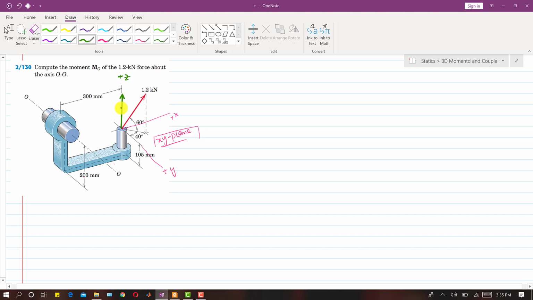And the magnitude of this component will be 1.2 sine of 60 degrees, right? If you look into this diagram, this component and this component are the same. So this is the 1.2 sine of 60 component.